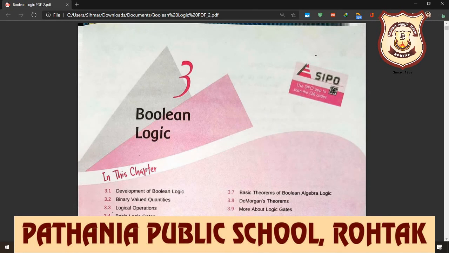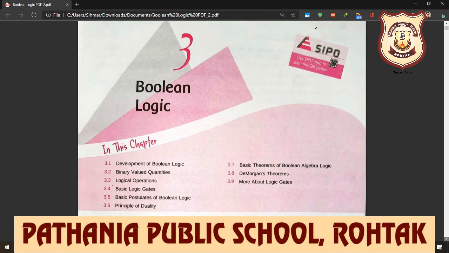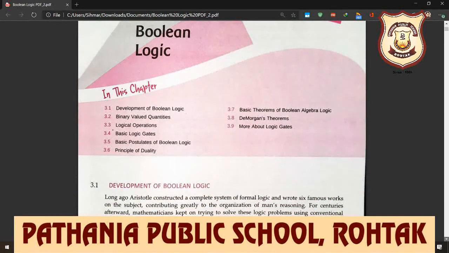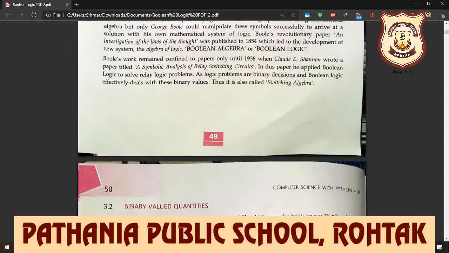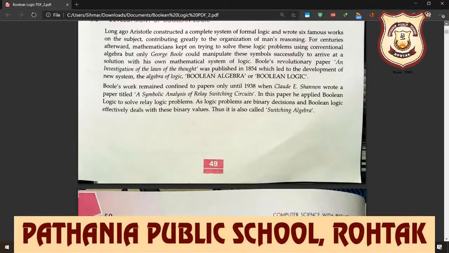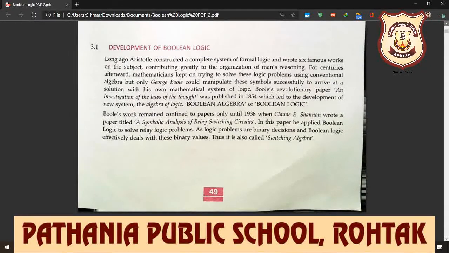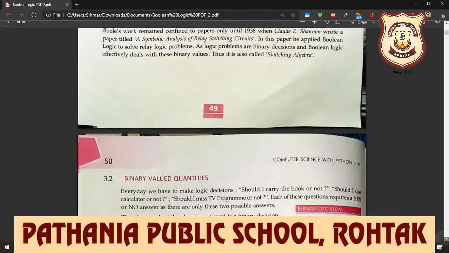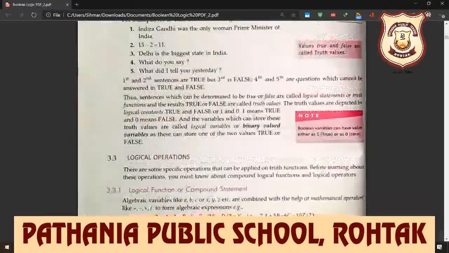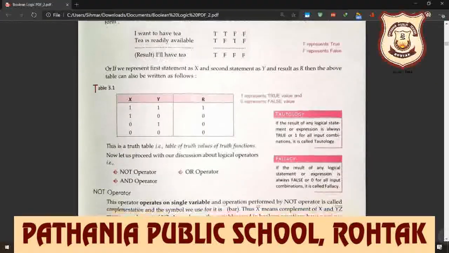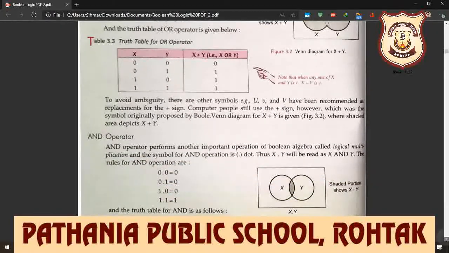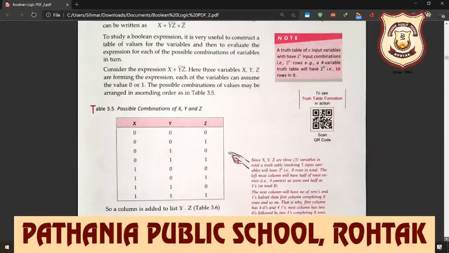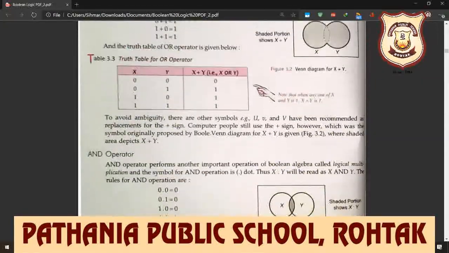In Boolean logic, we have already discussed logical operations: the AND operation, the OR operation, and the NOT operator. And after that, we learned binary valued quantities and Boolean expressions using truth table.